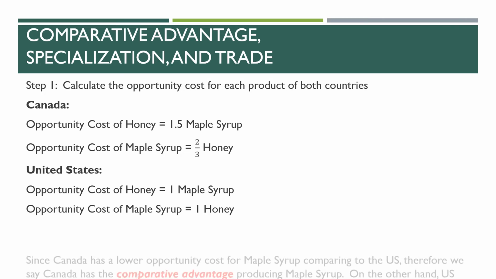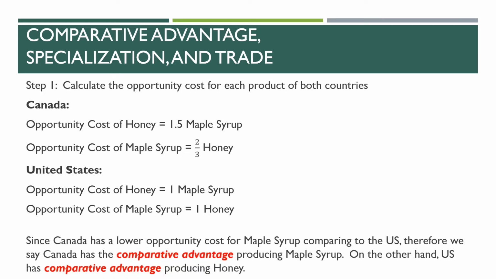step 2. In step 2, we're basically trying to compare the opportunity cost to produce the two products in both countries. As you can see here, Canada has a lower opportunity cost for maple syrup production compared to the United States, because Canada only has to give up 2/3 of honey in order to make 1 more maple syrup, but the United States has to give up exactly 1 unit of honey to make 1 unit of maple syrup.